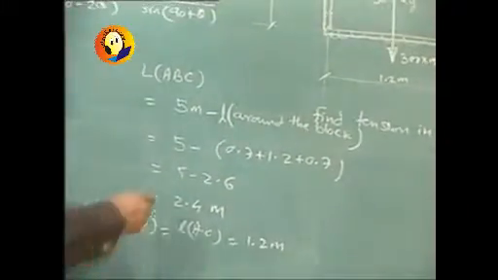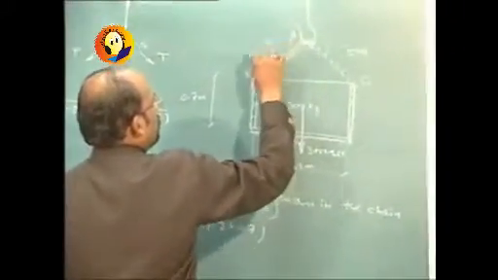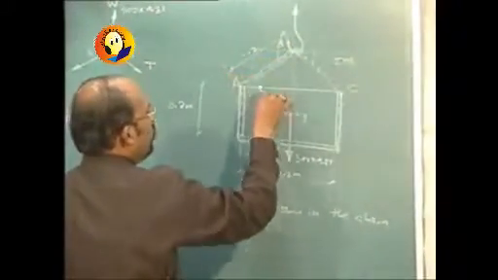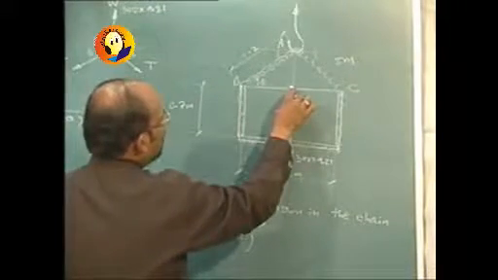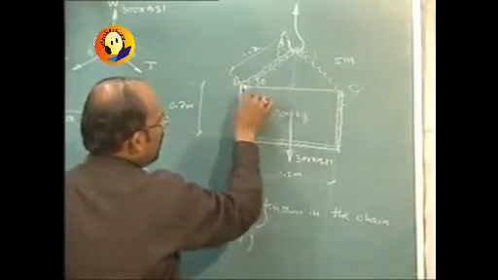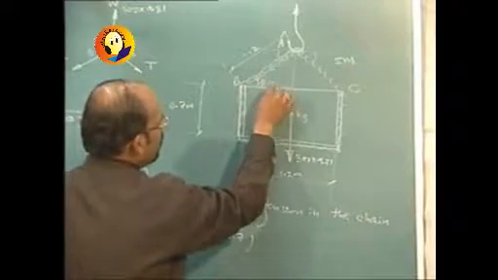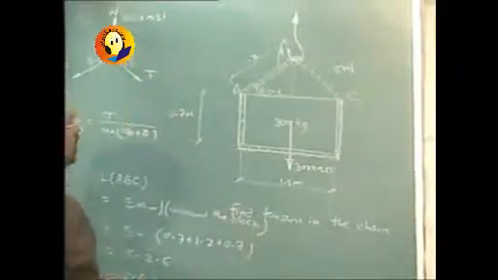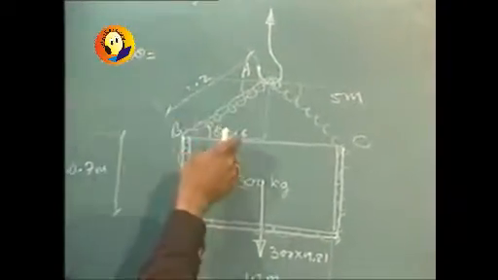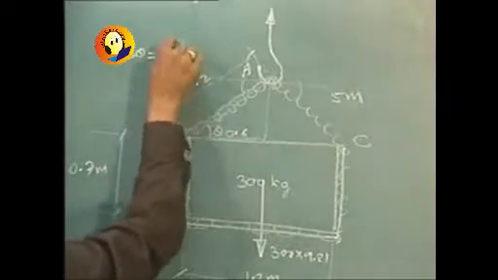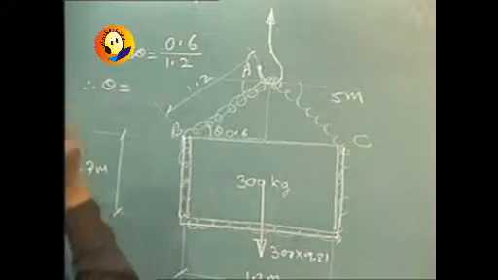Now once we find that this length is 1.2 meters and this angle is theta, then you can straight away say that either I should be knowing this length or this one. Now due to symmetry, this is 1.2 meters, so this is going to be only 0.6 meters. And so we can write from here cos theta, that is adjacent side upon hypotenuse, is 0.6 upon 1.2, and therefore theta can be calculated.